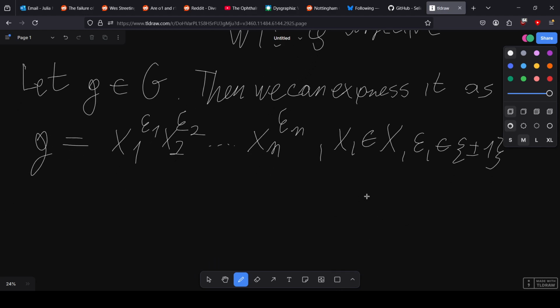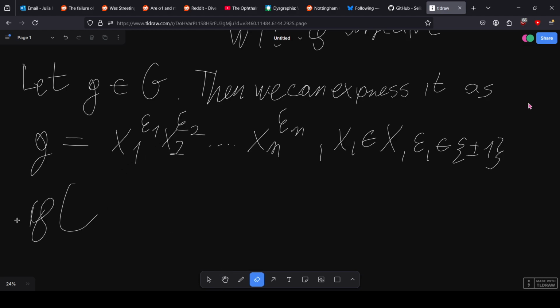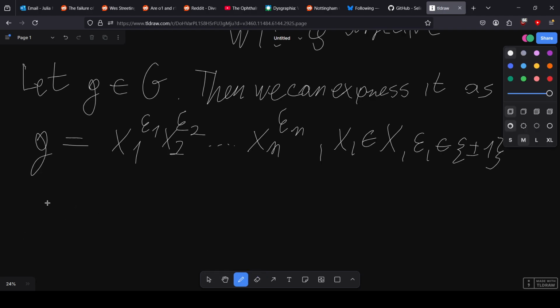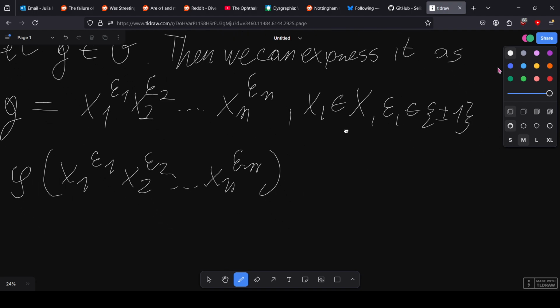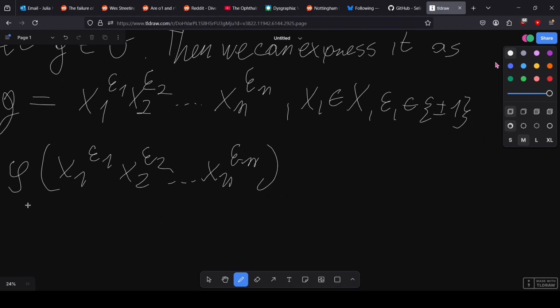So, what happens here very directly is phi of those symbols of x1, epsilon 1, x2, epsilon 2, etc., up to xn, epsilon n. Notice that this is in the free group.